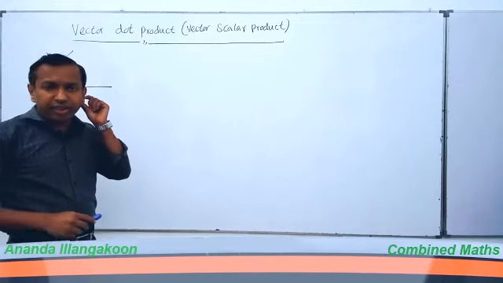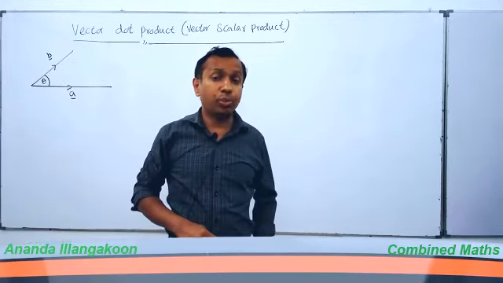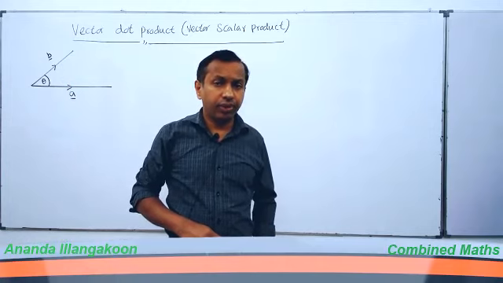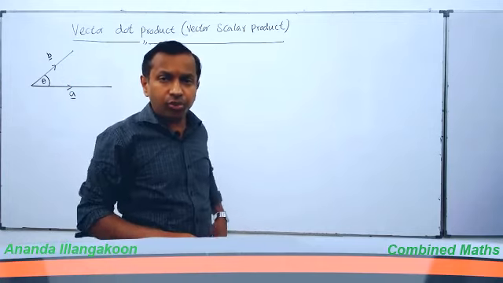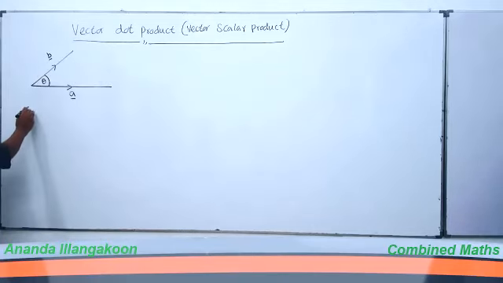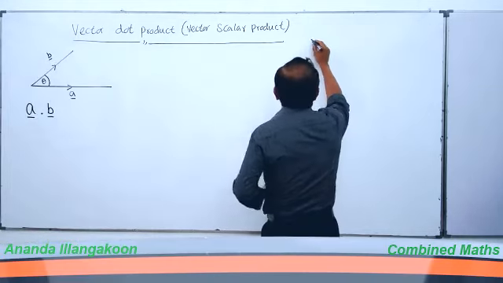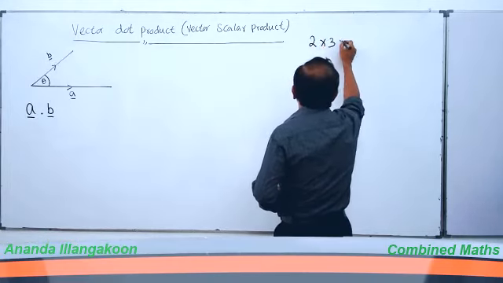Now we define something called the vector dot product. Here the word dot is used to denote this product, people. We write it A dot B this way. People, now you know 2 multiplied by 3 is 6, no?